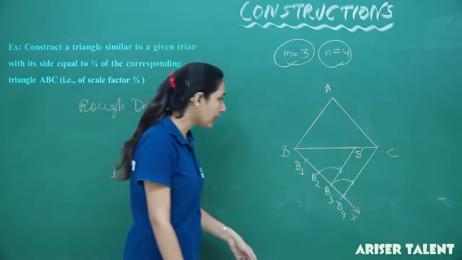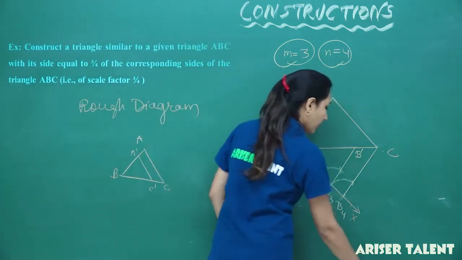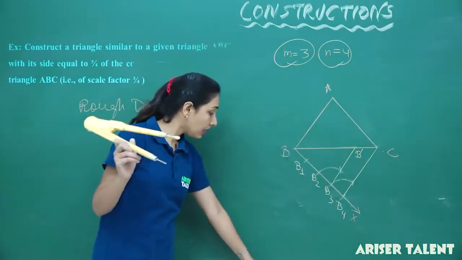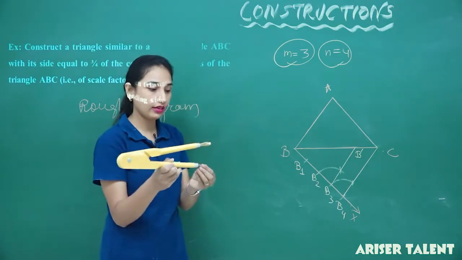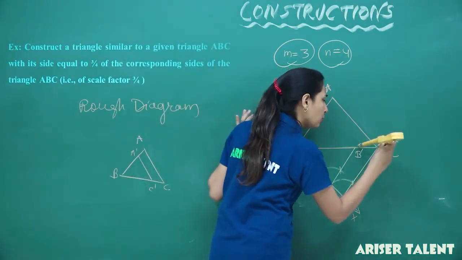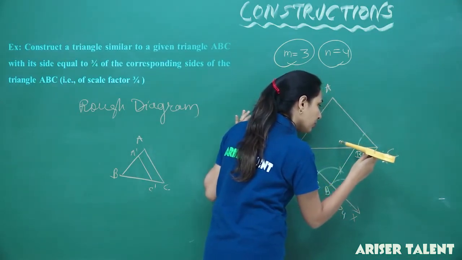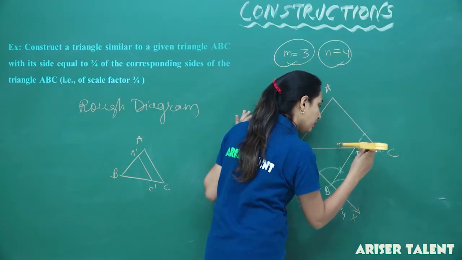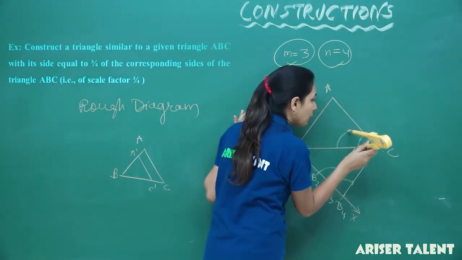Now how will I do that? I can use this compass because I have to make an arc from here. I'll be having some radius, and I'll use it the same way. Now you know how to make similar angles, don't you? We have repeated it 4 to 5 times, and in your previous classes you have also learned this.